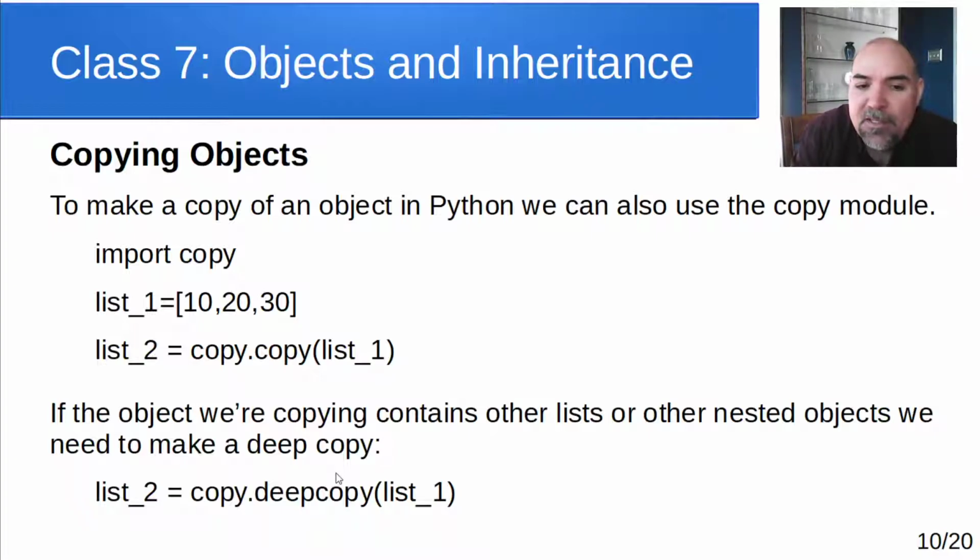What that does is it makes an entire duplicate of not just the top level list, but every other nested list or object or reference that's down inside of it. So if you want a complete copy that's completely separate with no references pointing at the same data, you can do copy.deepcopy, pass the reference to the object you want the copy of, and you'll get that copy returned that's an actual copy of the entire thing.